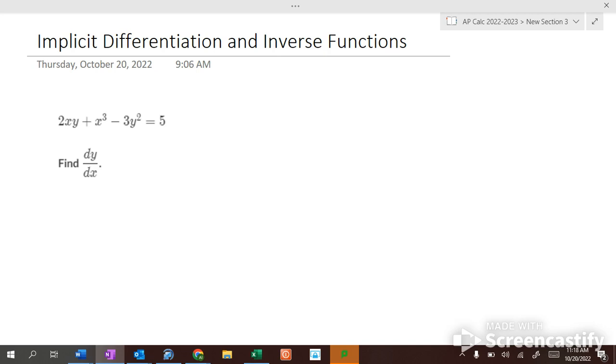Okay? So when we take the derivative of y with respect to x, I'm going to skip over the 2xy for right now. This is just 3x squared, just like normal. The 3y squared is, what would you think? 6y, but we're going to put a dy dx behind it.